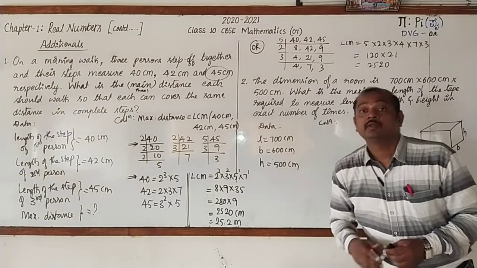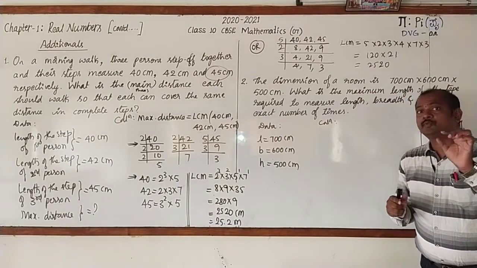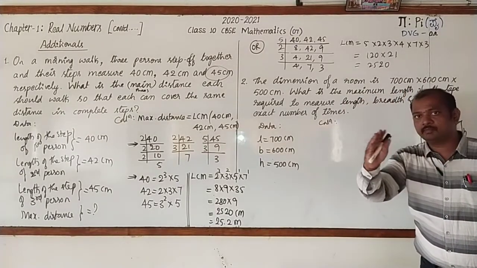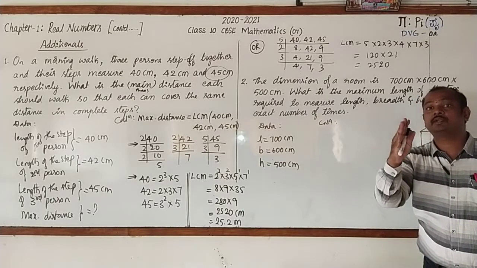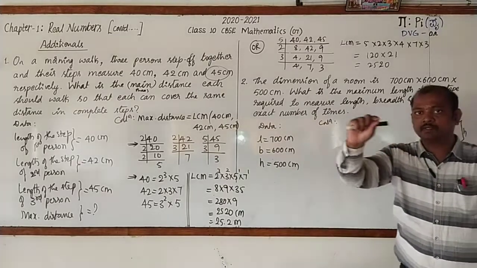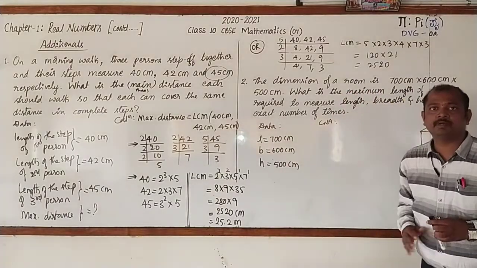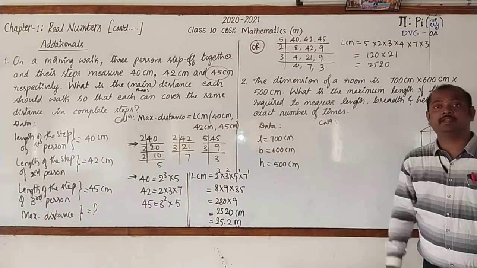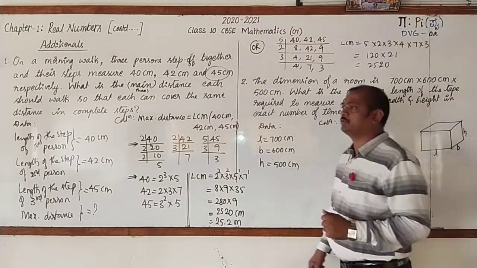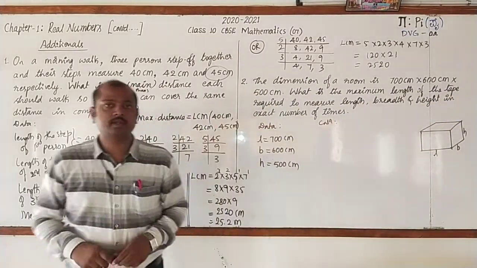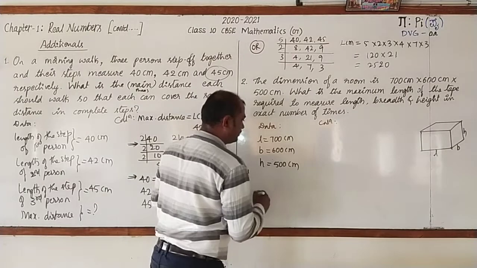Hence, you are going to find the maximum length of the tape. That is nothing but the greatest number which divides all these numbers exactly. Now you tell whether it belongs to HCF or LCM. Yes, you are right. It is HCF.